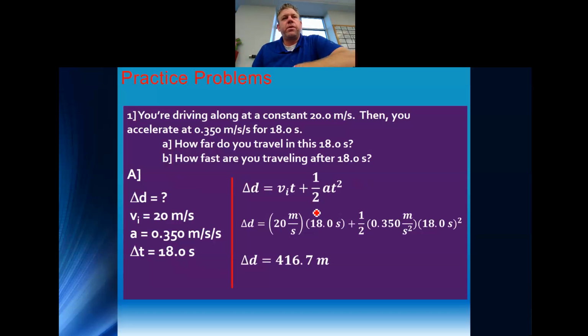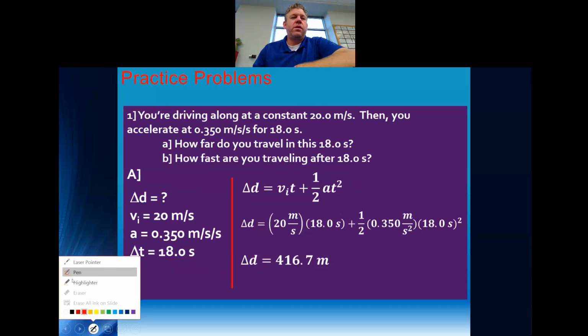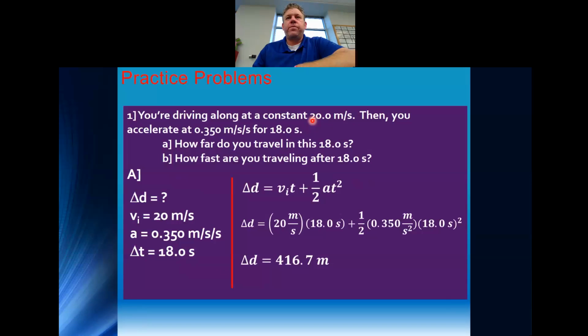So here we go, first one. All right, how far do you travel in this 18 seconds? If you start at a constant 20 meters per second, then you accelerate at 0.35 meters per second squared for 18 seconds. Here again, there's our velocity, right? Once we see the term accelerate, that means that's our initial velocity.